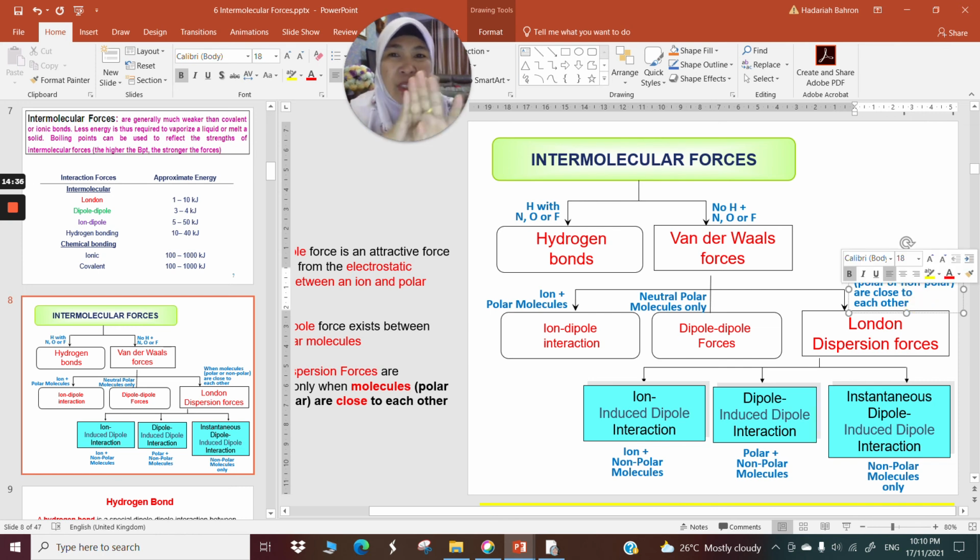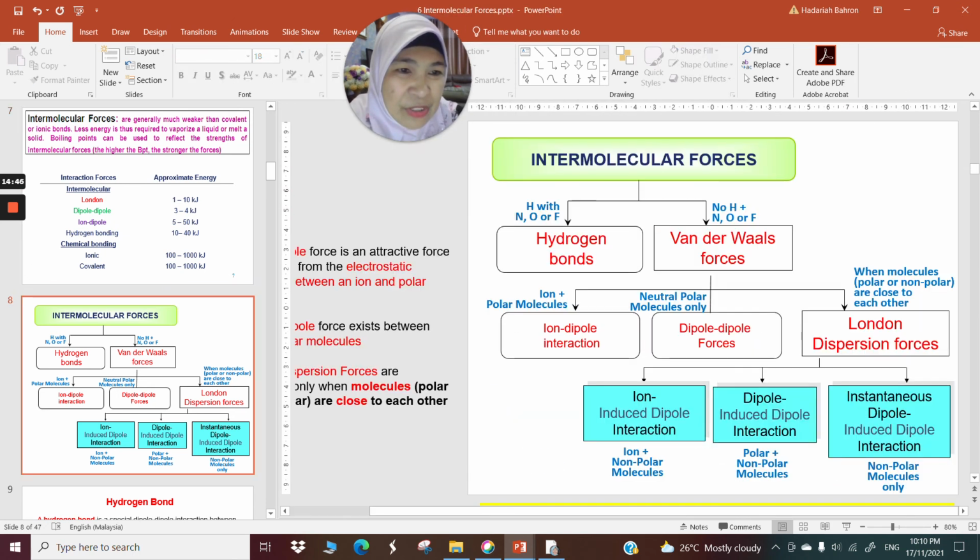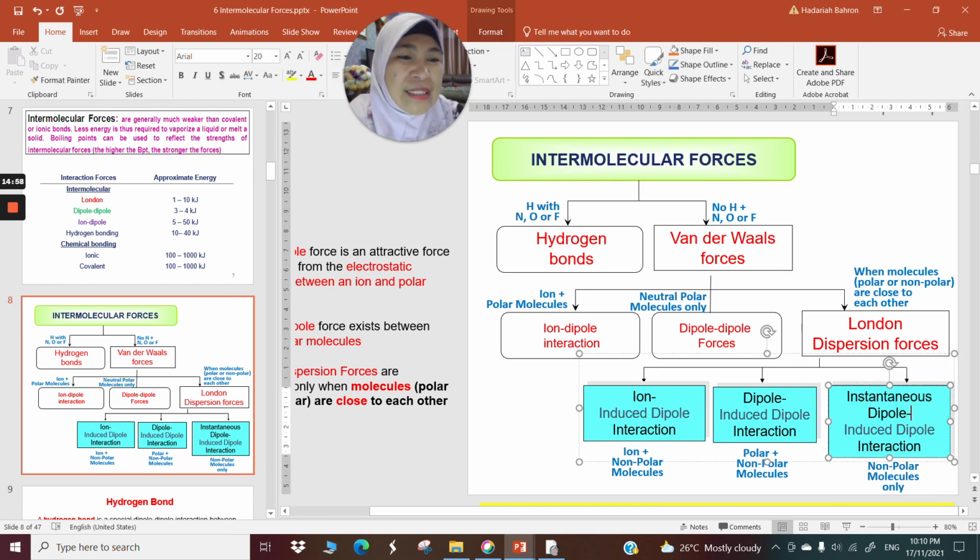That means when the molecules come close to one another, London dispersion forces will be created. And these London dispersion forces in turn have three different types. The first type is called the instantaneous dipole-induced dipole interaction.